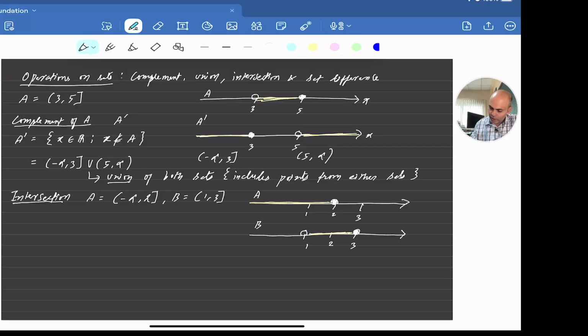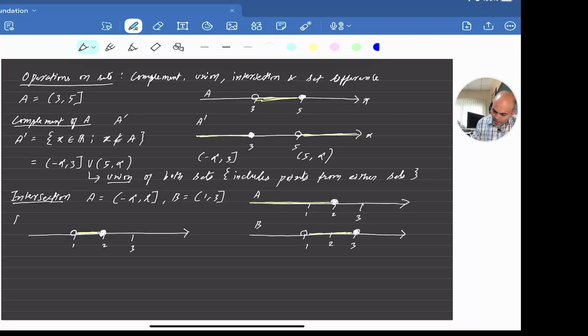So A intersection B includes points that are common to A and B. Let's draw over here. 1, 2, and 3. So 2 is included in both sets, and all points between 1 and 2 are included in both sets.